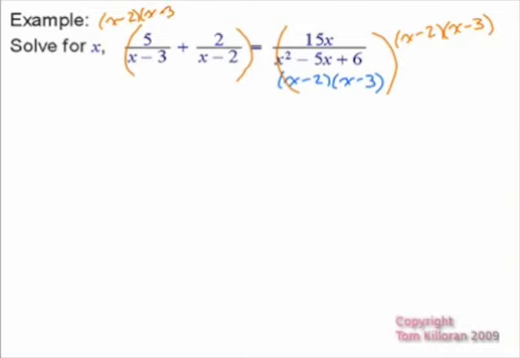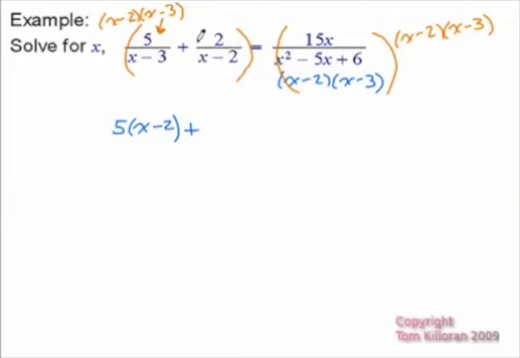And on the left-hand side, we're going to have to distribute it. On the right-hand side, it's a single term, so it'll just be straight multiplication. Alright, so when these two factors hit this term, the x minus 3's are going to cancel out, and you're going to be left with 5 times x minus 2. So this factor of 5 and that x minus 2 that's left in our common denominator.